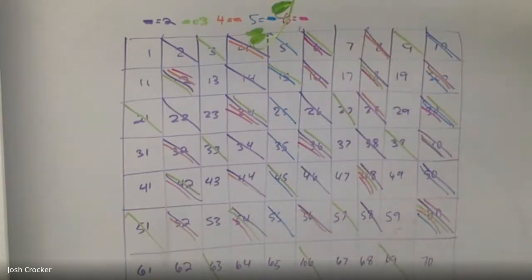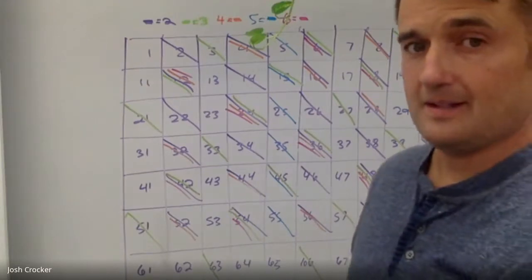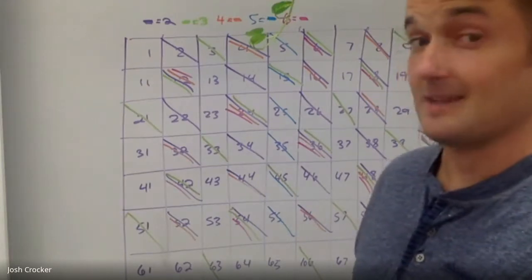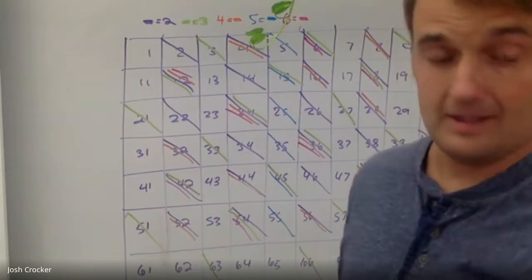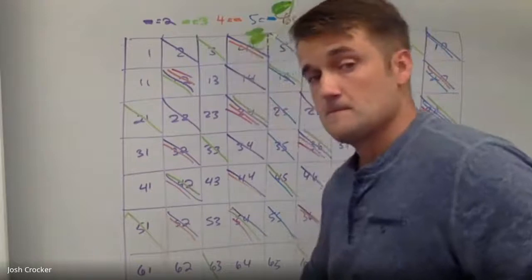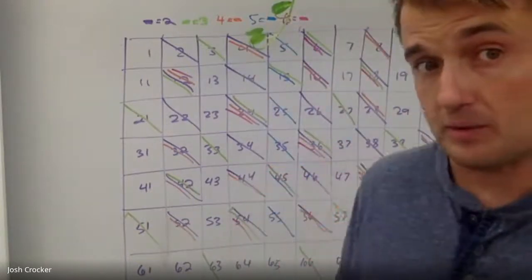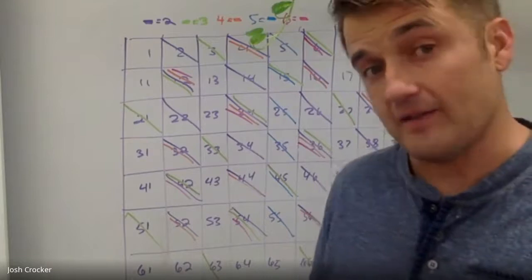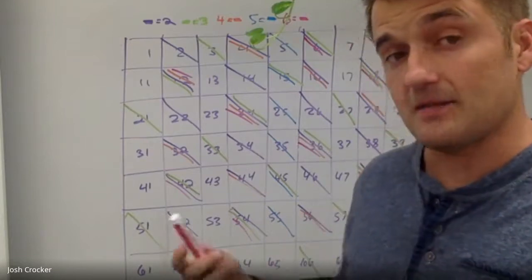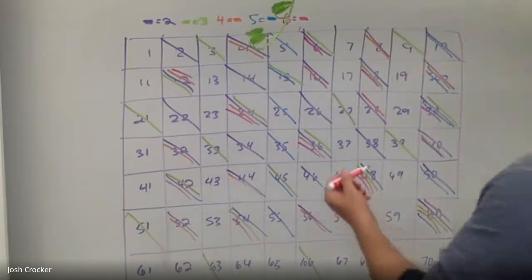Now we're starting to see some numbers are getting hit a lot, some numbers are just not getting hit. So we've done all the way up to 6. All those numbers that got a pink stripe were multiples of 6. If they have a pink stripe, 6 is a factor of that number.